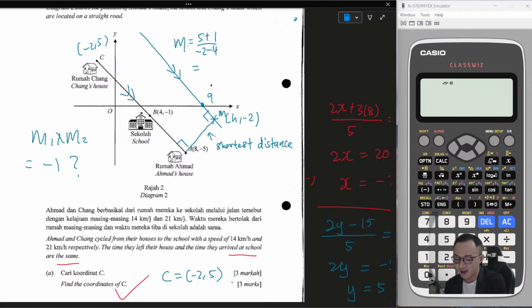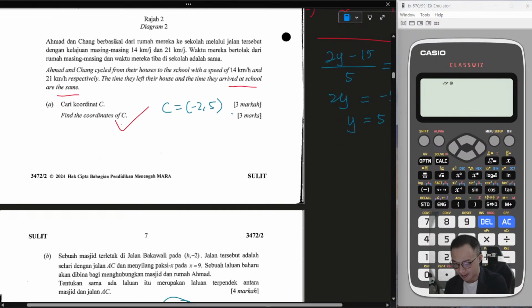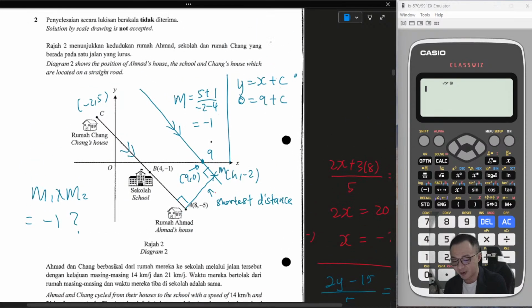So the gradient is 5 plus 1 over -2 minus 4. So this is -1. And then they're passing a point 0, 9. So y equals 1x plus c, passing through 0, 9. So that means this, 9, 0, sorry. This one is 9, 0. So y will be 0, x will be 9. Then c will be -9.